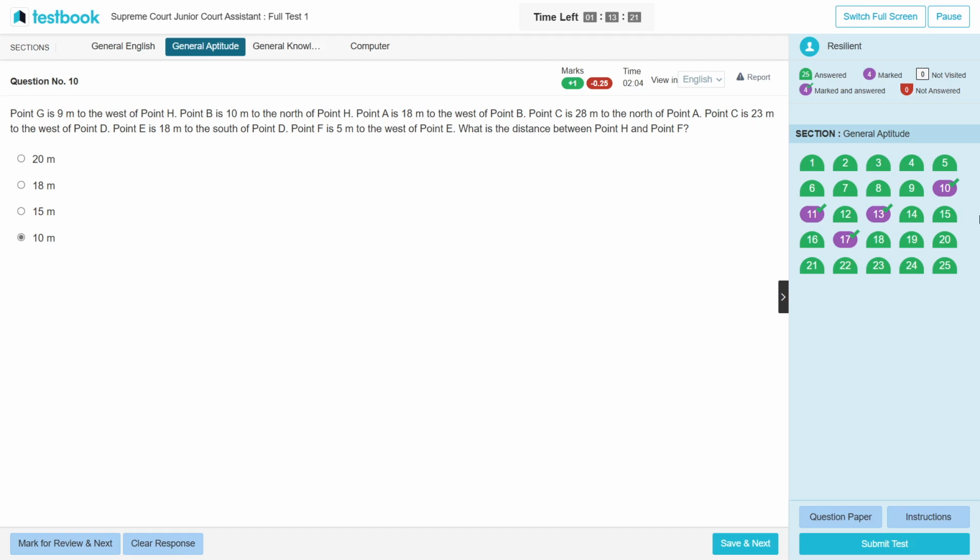Point G is 9 meters to the west of H. Point B is 10 meters to the north of point H. Point A is 18 meters to the west of point B. Point C is 28 meters to the north of point A. Point C is 23 meters to the west of point D. Point D is 18 meters to the south of point E. Thus, point F. सही कह रहा था, क्या आएगा तेरा यहाँ F, 18 है तो ये भी तब 10 आएगा.